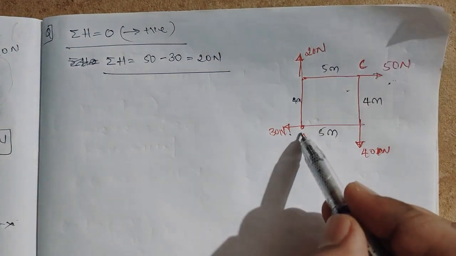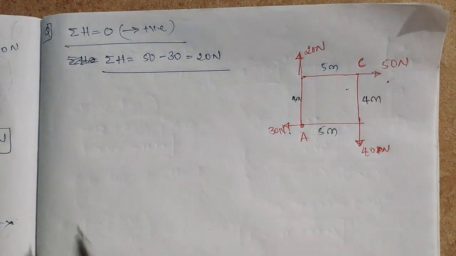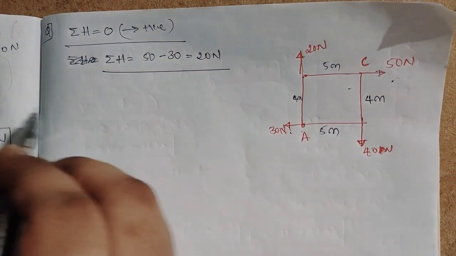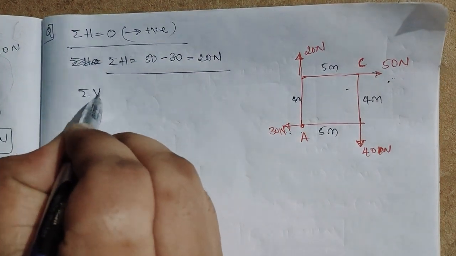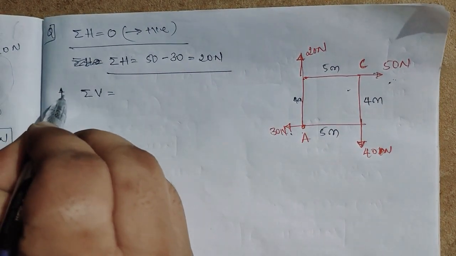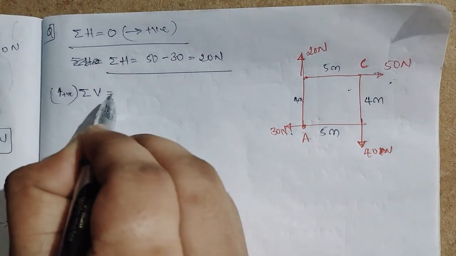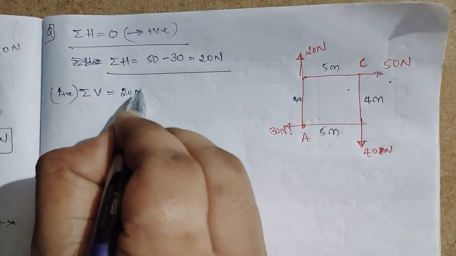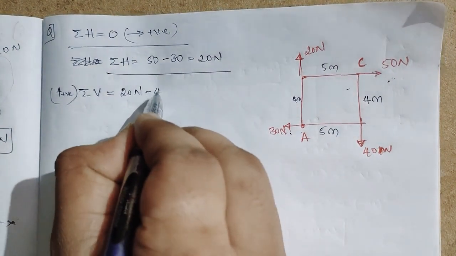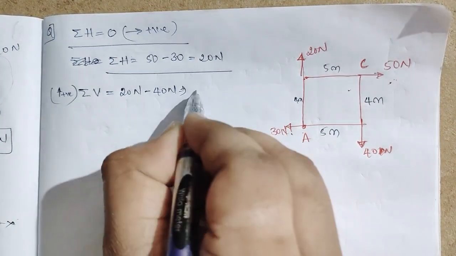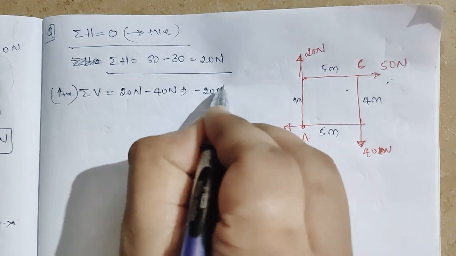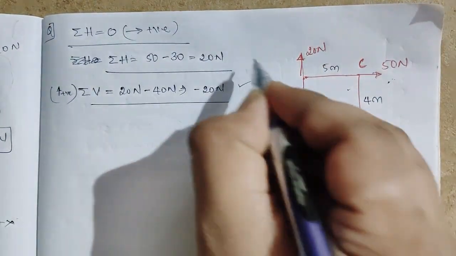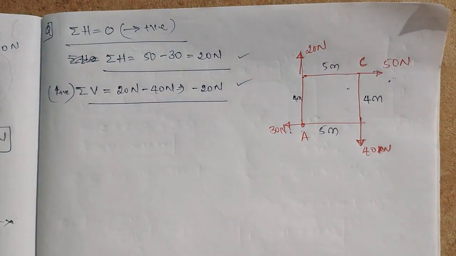So 50 is right to left, so it is negative. Next, summation of vertical forces taking upward as positive. So what is the upward force? 20 Newton. So 20 Newton is positive, negative is 40 Newton. So bigger value will be recommended, so 20 Newton. So sigma H and sigma V we found out.